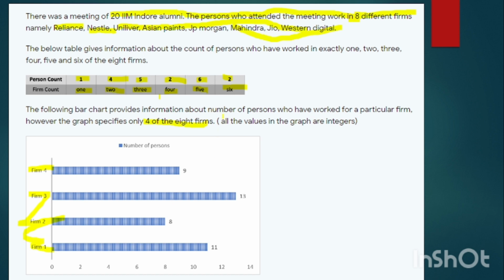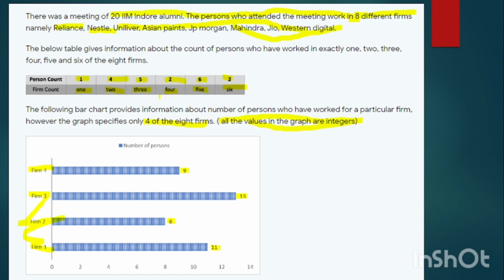It's mentioned that all the values in the graph are integers. So there were 9 persons who worked in firm 4, 13 persons in firm 3, 8 persons in firm 2, and 11 persons in firm 1. So this is all we are given.